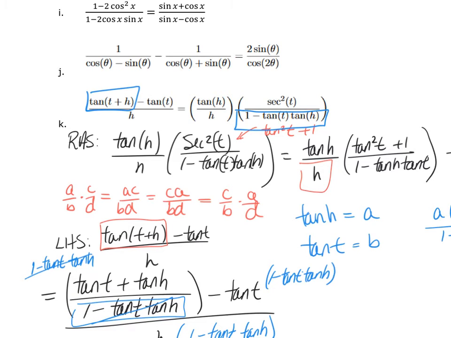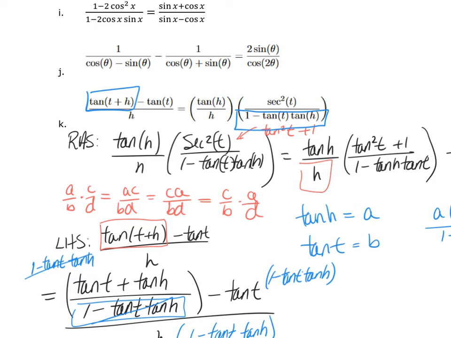If you look at the sum of tangent, you're going to see 1 minus tangent alpha, tangent beta in the denominator. Because I know that the tangent of alpha plus beta has this denominator, that's how I knew I wanted to choose the left-hand side. I knew that side was going to be the easier one. How was that?